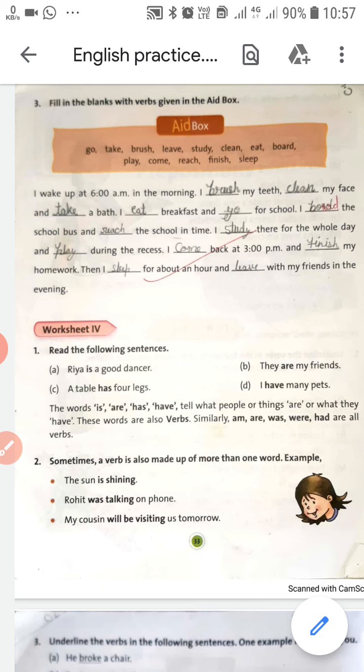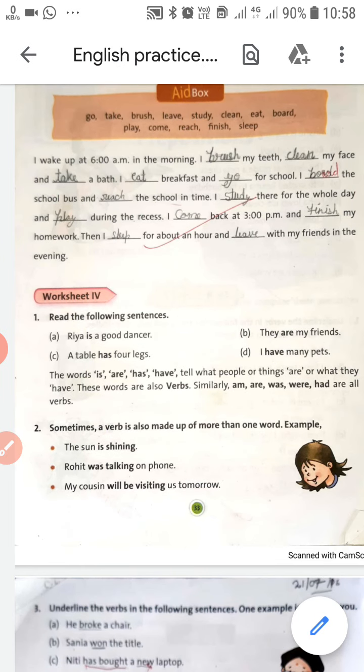The first person, singular number, is I. Second person is you. Third person is he, she, it. And in plural number, first person is we. Second person is you. Third person is they.